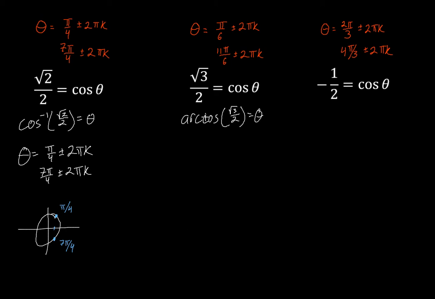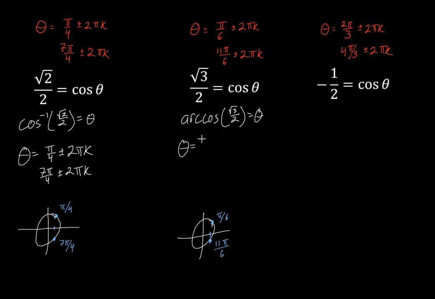So when does cosine of theta equal root 3 over 2? Well, cosine is your x value, so x is root 3 over 2 here and here, at pi over 6 and at 11 pi over 6.